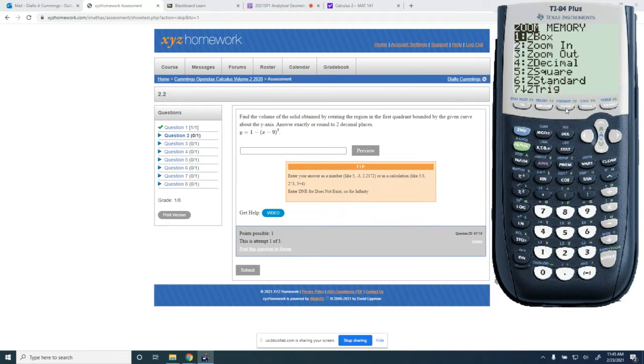I'm going to use zoom and 6 to graph. All right, so notice our graph. It's sort of cut off a little bit, so I'm going to go into Windows, and I want to change my x max to 20. Okay, and that should just give me some more room on our x-axis.